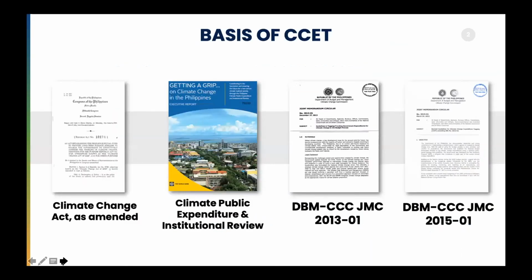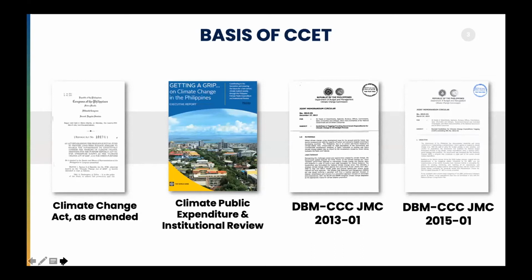So these are just some of the basis for the development of the climate change expenditure tagging. If you would notice, the Climate Change Act of 2009, which was amended in 2012, specified the mandates of the Climate Change Commission, wherein we are tasked to coordinate and synchronize climate change programs in consultation with agencies.